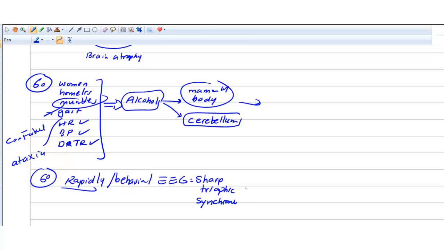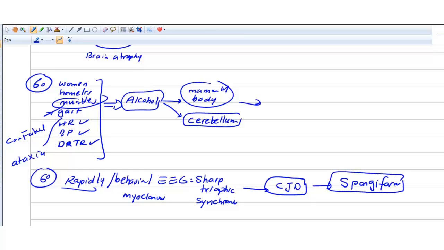Don't forget there is myoclonus here, so the diagnosis will be Creutzfeldt-Jakob disease. There is also an important histology point: spongiform. And it's a prion disease. It looks like a sponge.